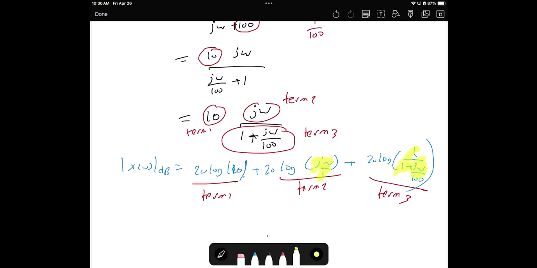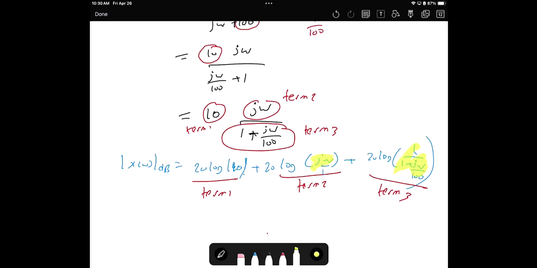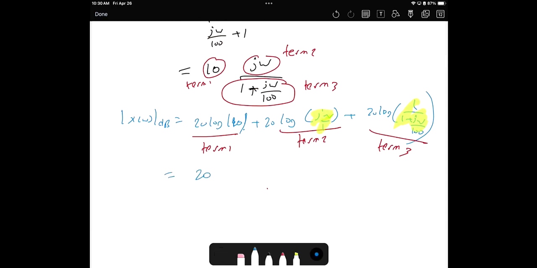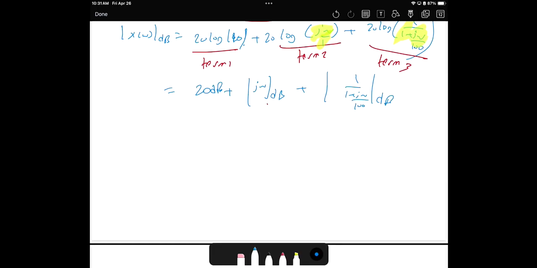We have never talked about 10. What do we do with the constant? 20 log 10. Log 10 is 1. I'm sorry, 20 times 1, because log 10 is 1. So this yields 20, plus the j omega term, plus 1 over 1 plus j omega over 100. So this is 20 dB. Now how do we do this? Let's do each term alone.